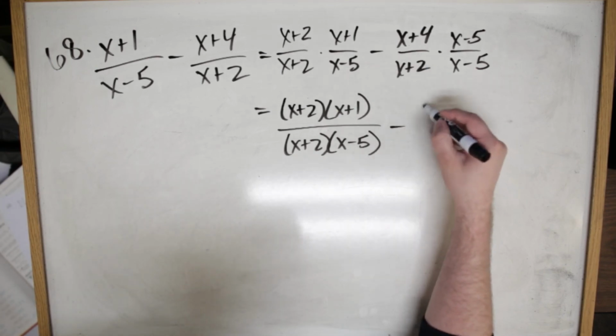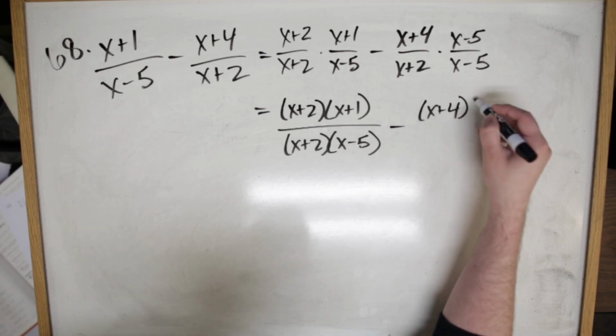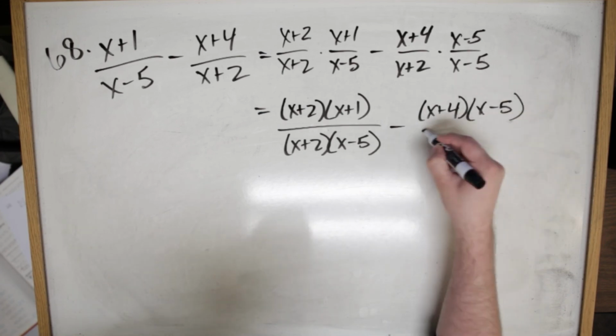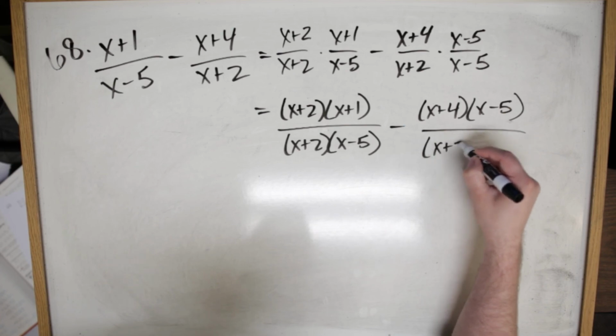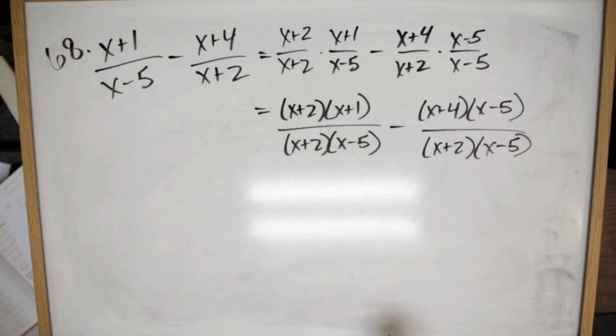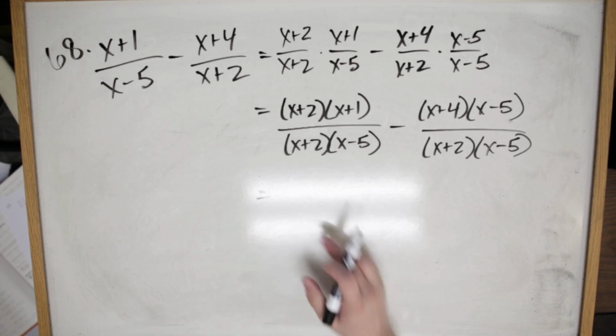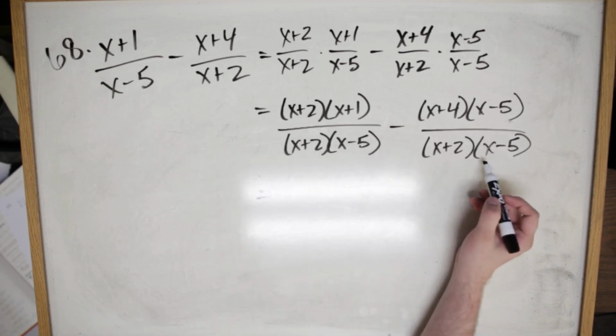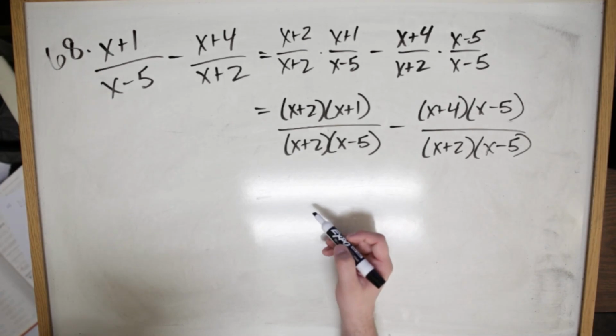Minus x plus 4 times x minus 5 over x plus 2 times x minus 5. Okay. Now, let's multiply these out in the numerator. We do not need to multiply the denominator out, okay? You don't need to do that. I'm just going to leave it as is. Sometimes you get lucky, and in the end, things will cancel, so always leave it like that.